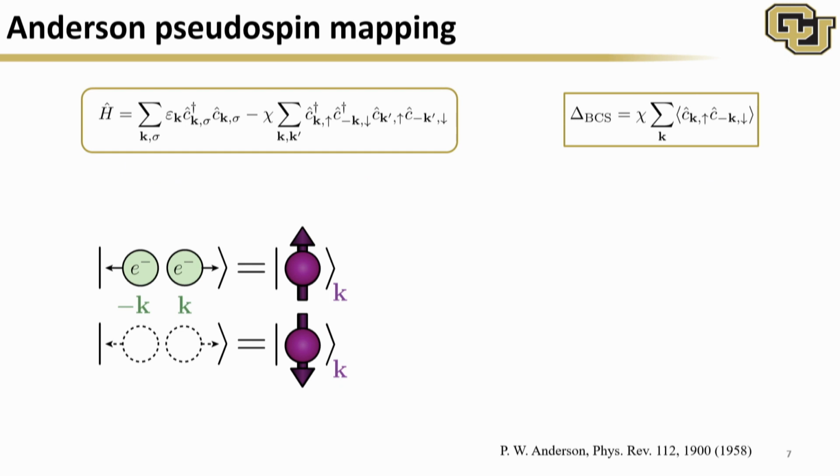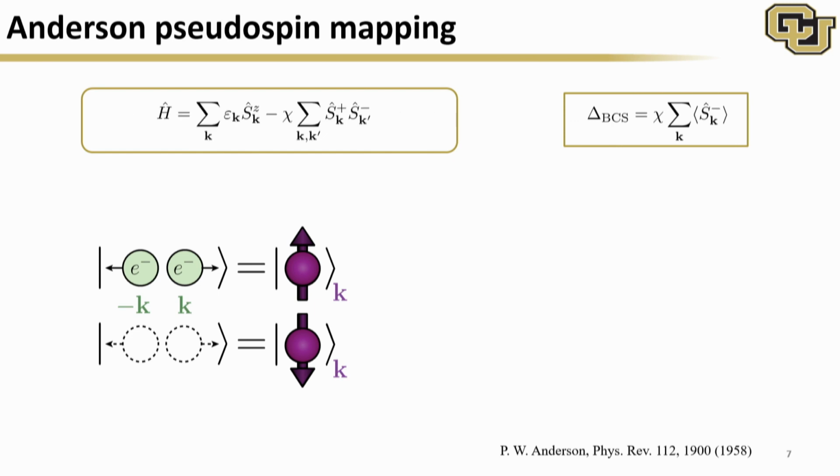Later, Anderson pointed out that we can also understand this BCS model in spin systems. The idea is that I can map a Cooper pair, with electrons in momentum k and minus k, to a spin up particle in momentum k, and I can map the absence of a Cooper pair to a spin down particle in momentum k. In this case, I can rewrite my Hamiltonian in terms of spin operators. The first term now becomes a disorder in the frequency of the spins.